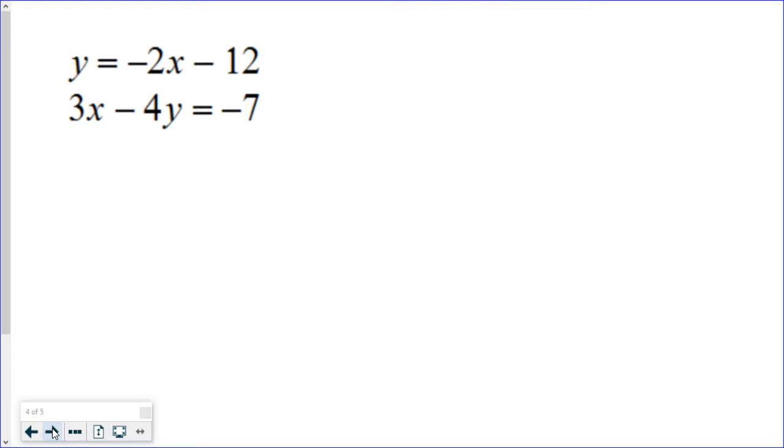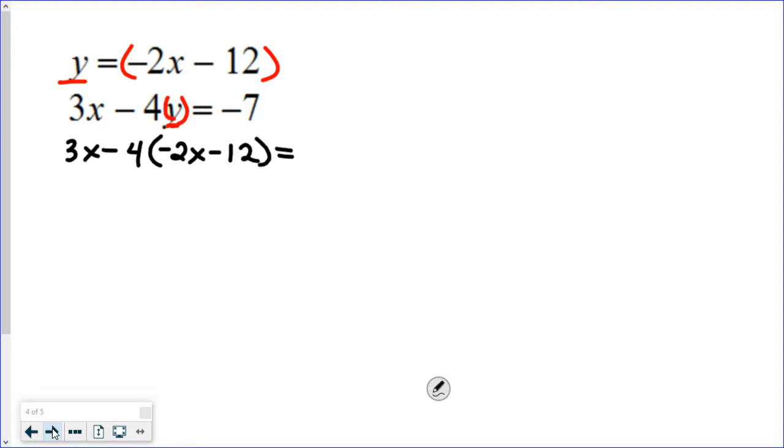Okay, so again, y is by itself, and we are used to that because of slope-intercept form. Now make sure you only put that in for y, not for y, just y. Okay, so I'm going to leave the 3x, I'm going to leave the minus 4. Now, instead of the y in parentheses, I'm going to put negative 2x minus 12, and that equals negative 7 at the end is still there.